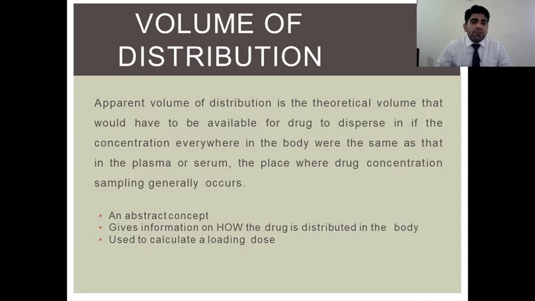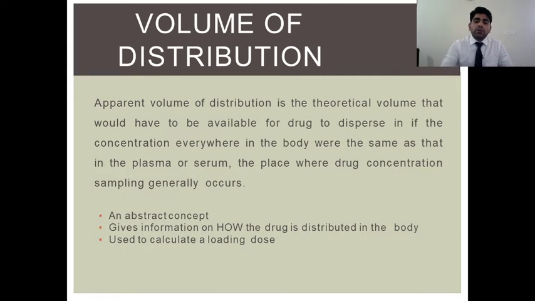It is represented by Vd, and it gives information on how the drug is distributed in the body. It may vary from person to person, and with weight also. The most important part about this pharmacokinetic parameter is that the volume of distribution is used to calculate the loading dose.